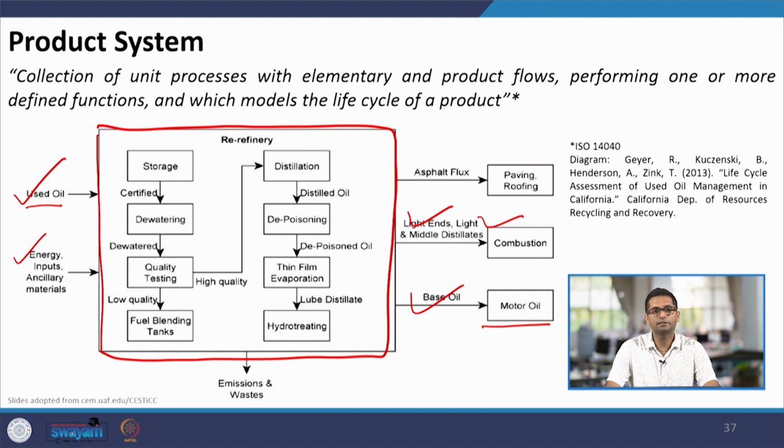What you are more concerned about are the different inputs and outputs going into this highlighted box. These inputs can come directly from nature or from the technosphere, and the outputs can also go to nature in terms of emissions like CO2, and there could be outputs to the technosphere as well.